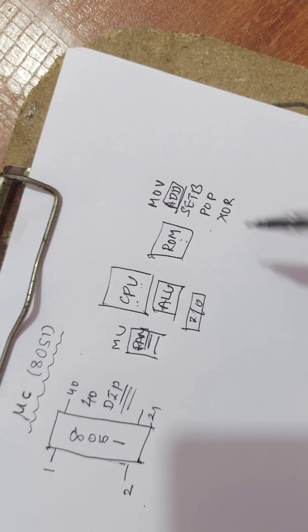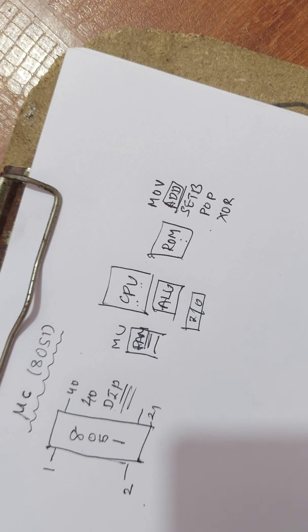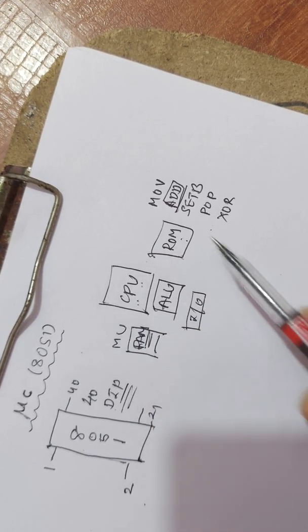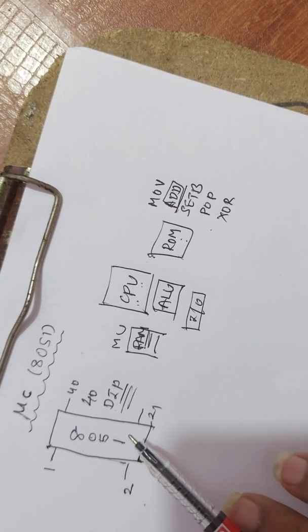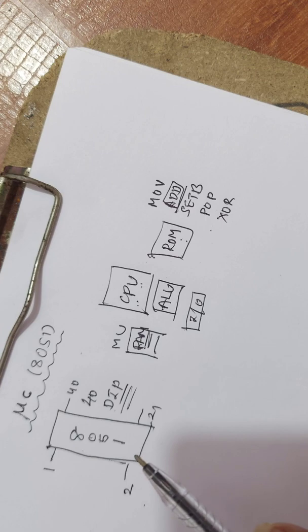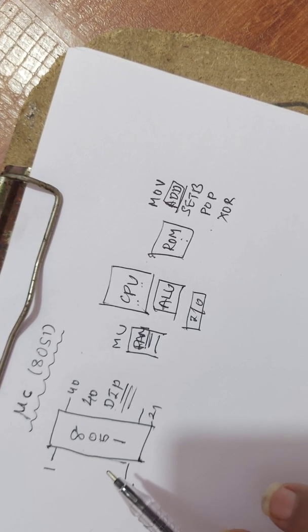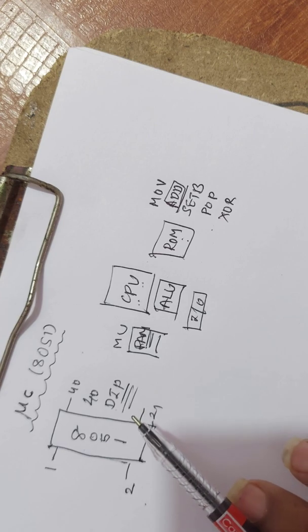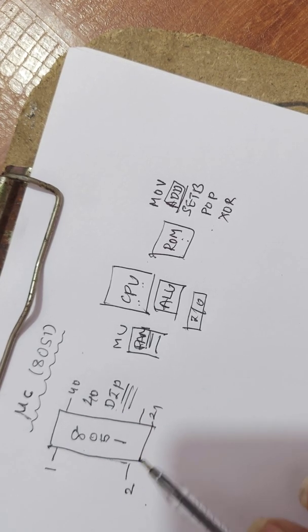So in this way, later on we will study all the instructions. All the instructions are worked by means of binary instructions by the computer or by the microcontroller, because a microcontroller is nothing but a single-chip computer. So the 8051 microcontroller is nothing but a computer on a single chip.